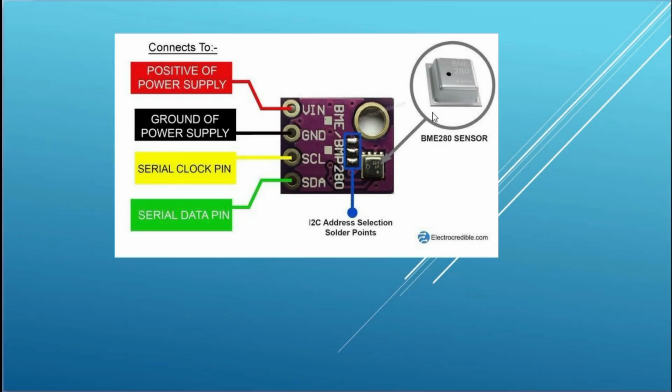The BME280 sensor consists of a small sensor that measures barometric pressure, and in addition there's a little temperature sensor on board. The reason we need the temperature sensor is because this pressure sensor is sensitive to temperature variations.